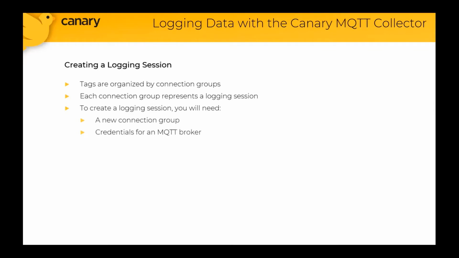You'll need to have the credentials for the MQTT broker you wish to connect to. Then you'll need the subscription information to enter into the collector to subscribe with. And then you'll need to configure a Canary sender session. We're going to cover all this. So, enough with all the talking here. Let's go ahead and get started.